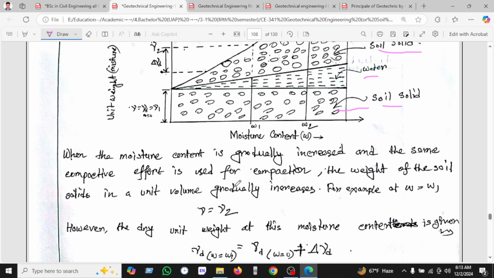When the moisture content is gradually increased and the same compaction effort is used, the weight of soil solid in unit weight gradually increases. For example, W equal to W1.